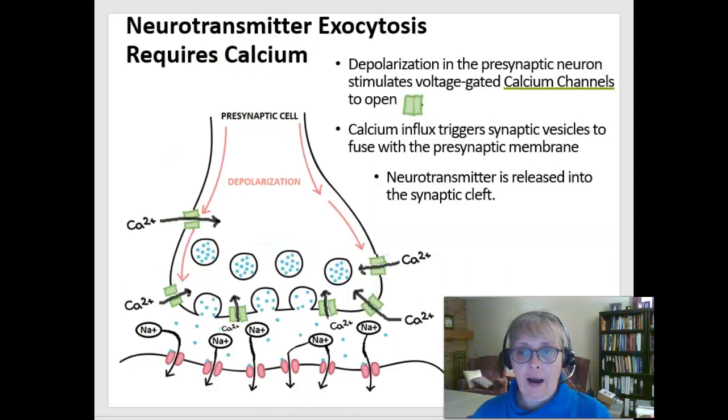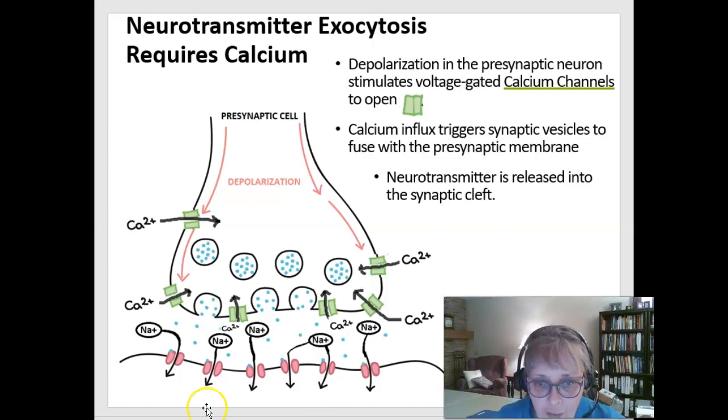So let's look at how a neurotransmitter can be released. Why does the synaptic vesicle actually release the neurotransmitter by exocytosis just because an action potential arrived there? Well, the depolarization of the presynaptic neuron stimulates these calcium channels to open.